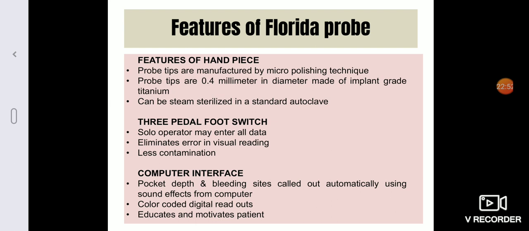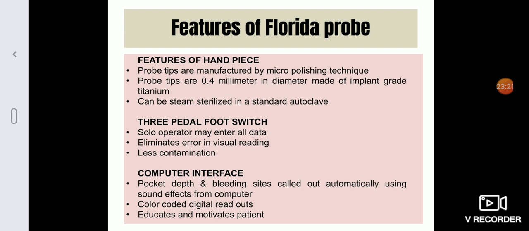The probe tips are about 0.4 millimeters in diameter, made of implant grade titanium, and can be steamed and sterilized in a standardized autoclave. A 3-pedal foot switch is provided for this device, and a solo operator, an individual without any assistance, can enter all the data. It eliminates the error in visual reading, and it provides less contamination.